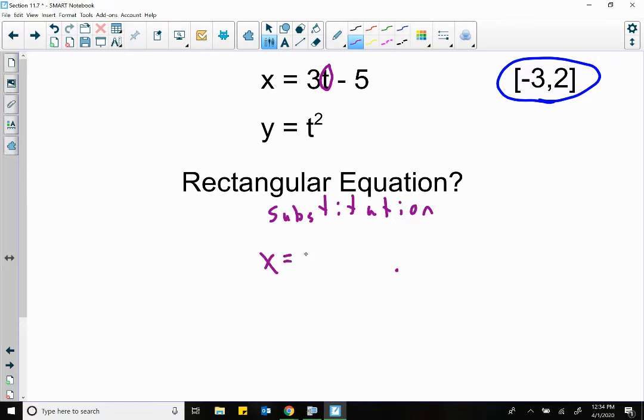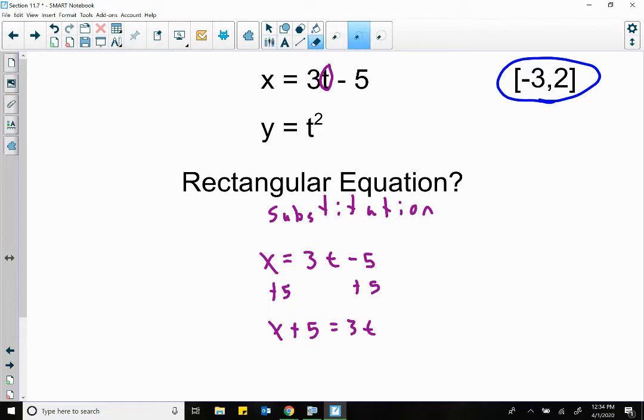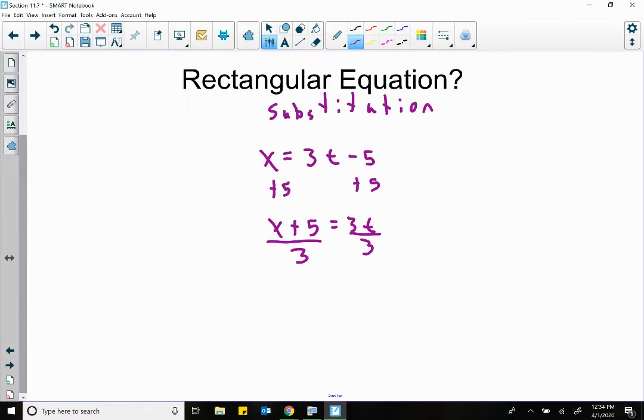Those are the two techniques that you use throughout this. So if we have x equal to 3t minus 5, add 5. So x plus 5 equals 3t. And then we're going to divide by 3. And now we know what t equals: x plus 5 all over 3.